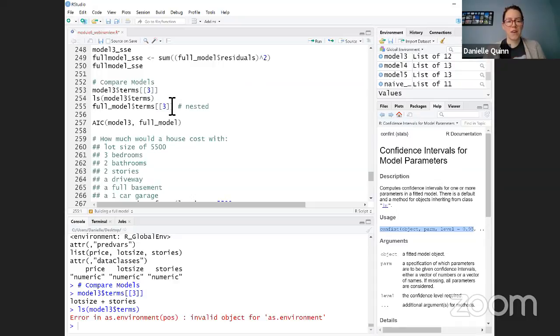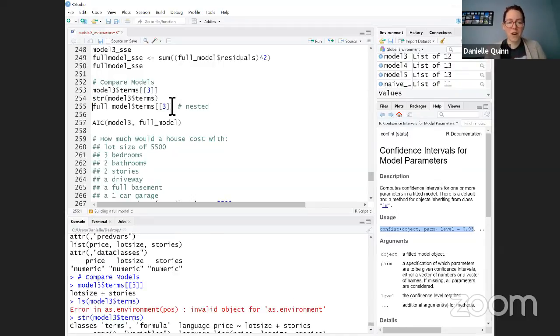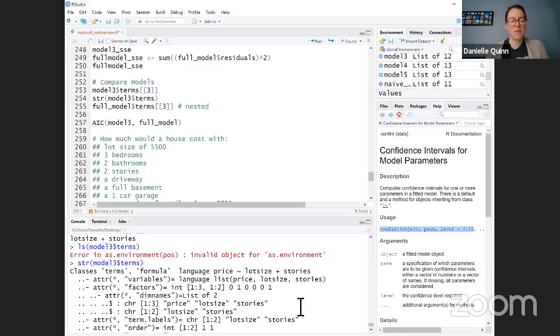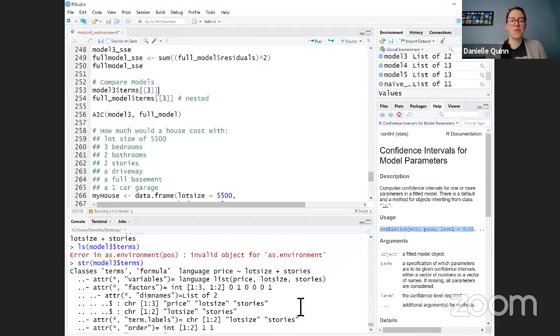And it would say, nope, you can't do that. You could look at the structure of model 3 terms, but then it's really a matter of experience and practice. The better way to do this is to go to Google and say, how do I find what terms are in my model? And somebody will say, this is how you do it. Here's the specific piece that you have to look at.